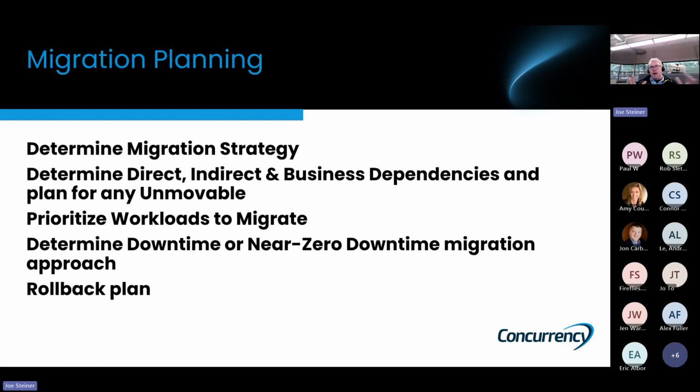The planning process really helps you prioritize. If I've got multiple workloads that I'm looking to migrate, how do I prioritize which ones happen first? Generally, we'd recommend you move the simplest ones first, and then ramp up from there.